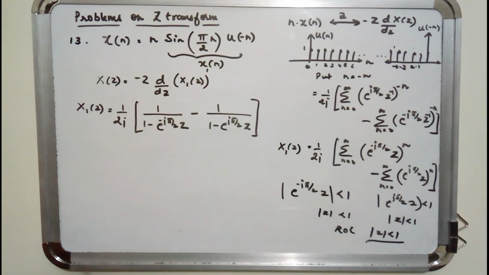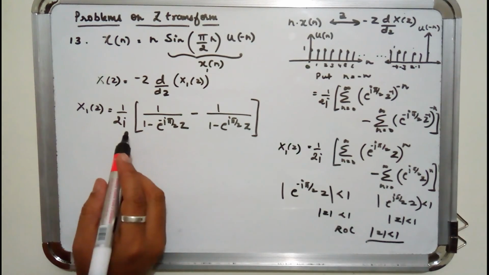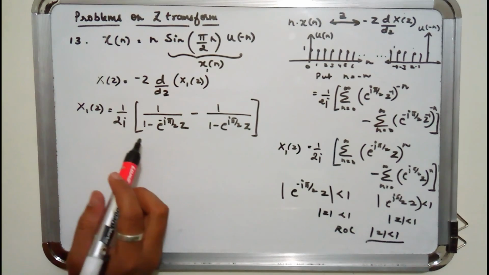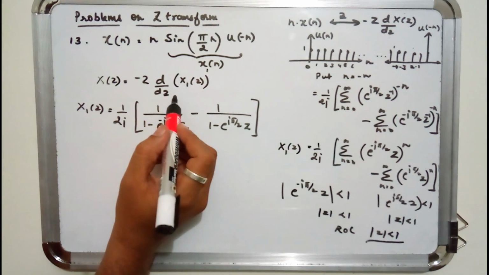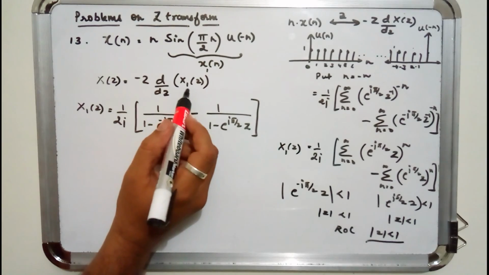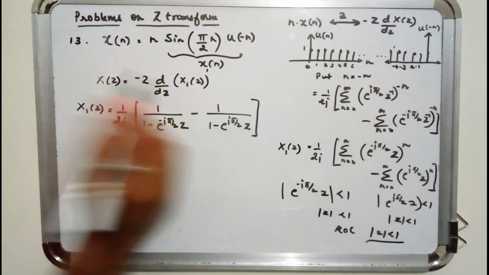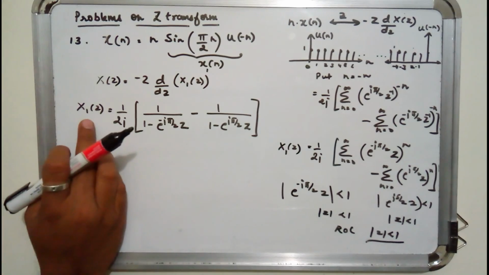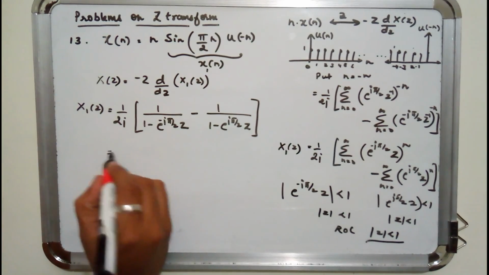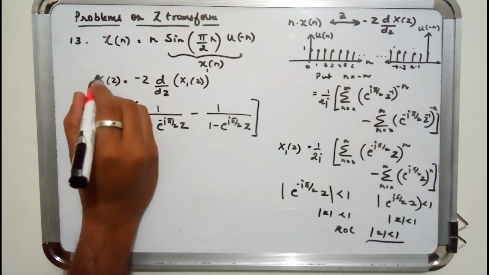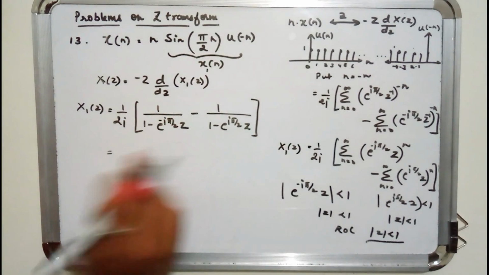So this is my x1 of z. I need to substitute in this equation to get x of z, so I will simplify this further.